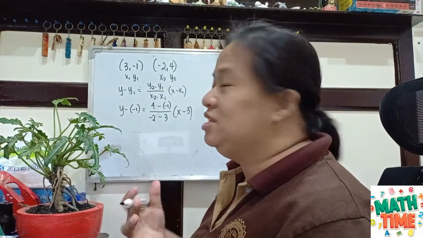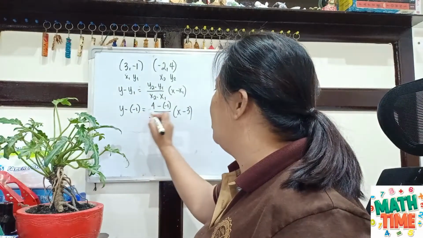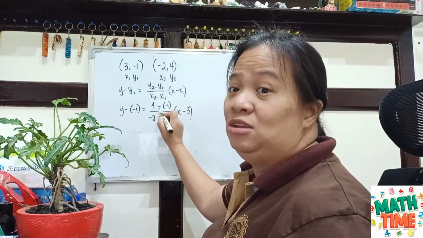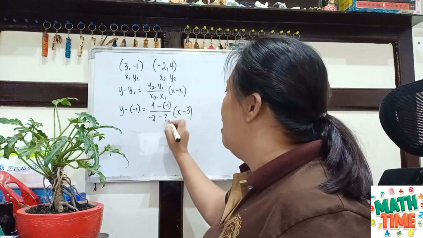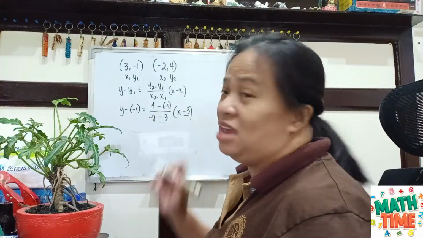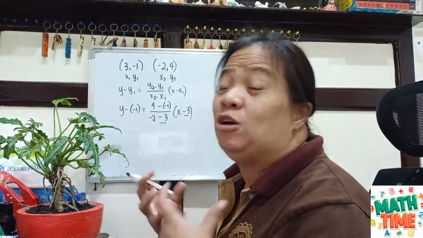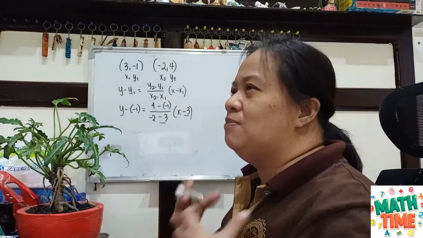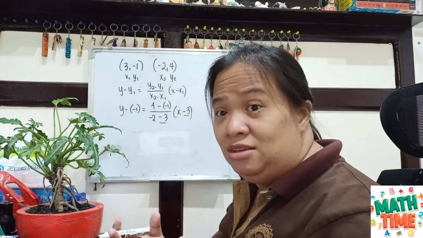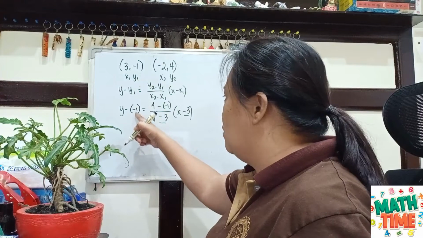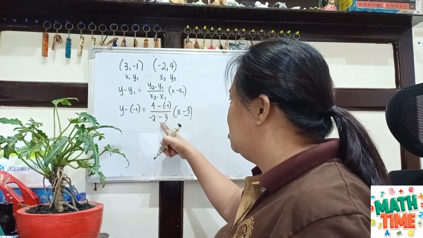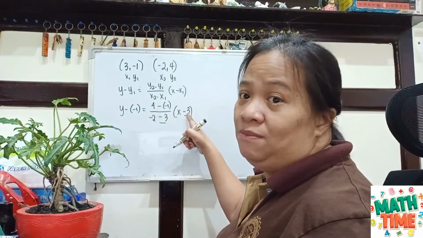So, as you can see, minus -1 is the same here in the numerator, minus -1. Minus 3 is also the same here. So that is what you are going to check, whether sometimes you would be confused, no? Am I substituting the right values? So, again, this one should be the same here. This denominator should be the same here.